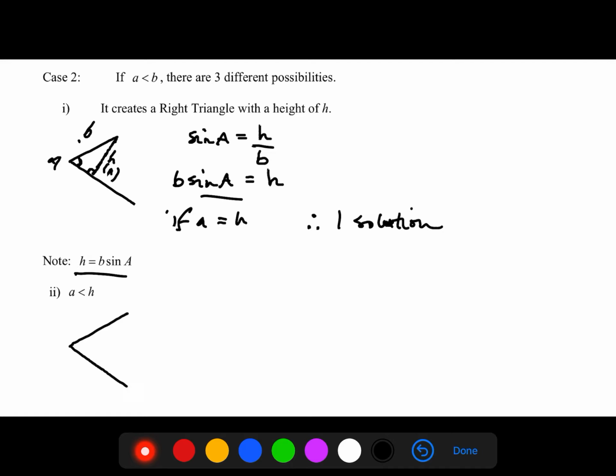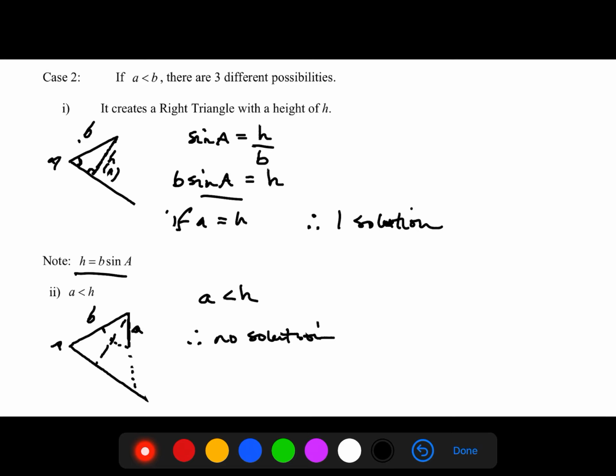If a is less than the height, drawing the same triangle, same size for angle A, same size for side b, because that's given information, we know those. Now, if our height's in here, but a is less than h, no matter where we draw side a, it's not going to meet up with side c.